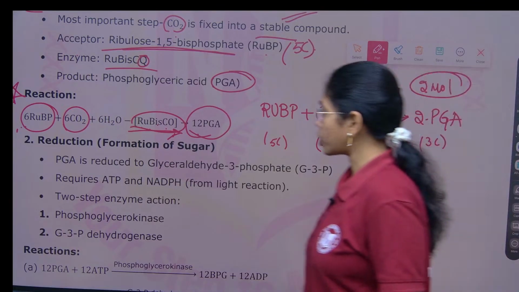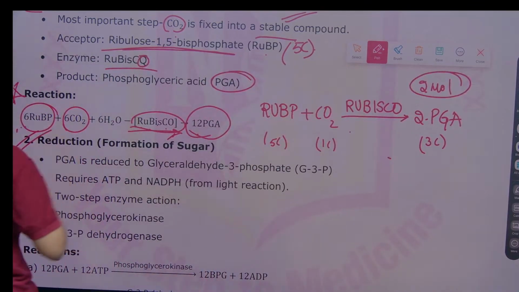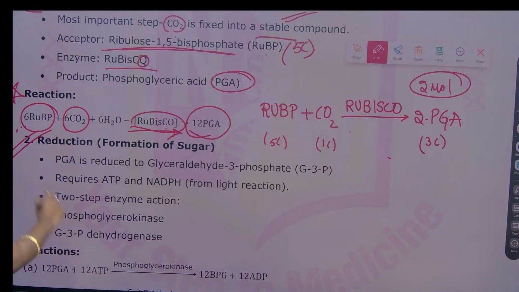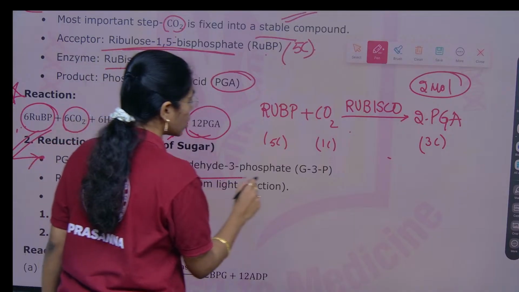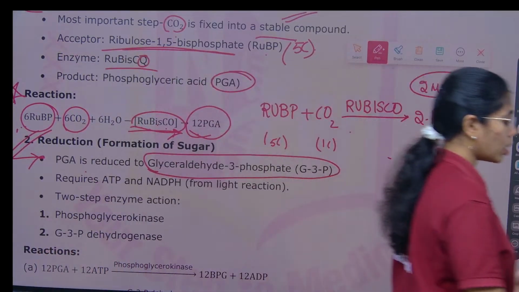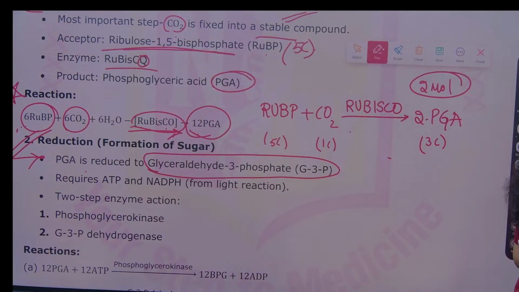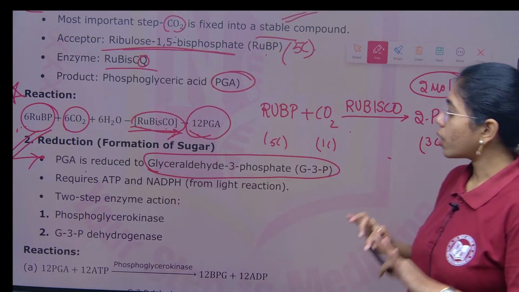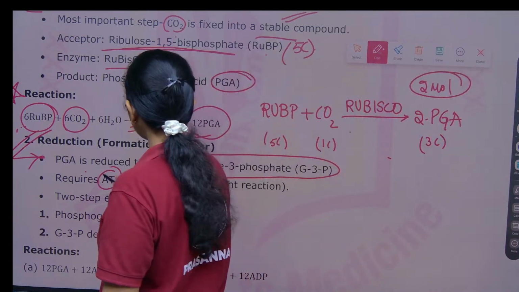Next is reduction, or formation of sugars. Phosphoglyceric acid is reduced to glyceraldehyde 3-phosphate in the reduction step. Remember that. This requires both ATP and NADPH.